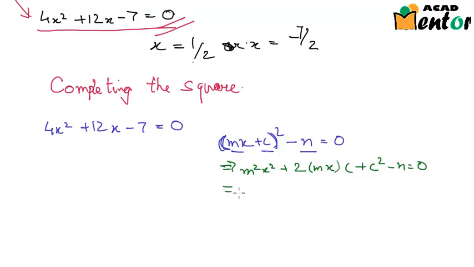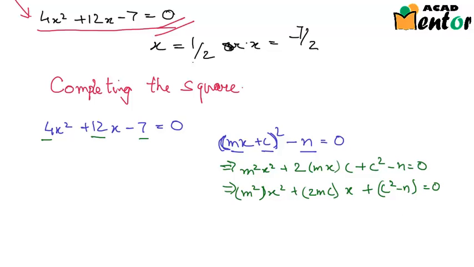Correct? So this is the coefficient of x square, m square, plus 2mc into x, plus c square minus n equal to 0. The terms in the brackets are the coefficients of x square, x, and the constant term. So we just have to equate these coefficients to the coefficients of the equation that is given to us, and we can find out the values of m, c, and n.